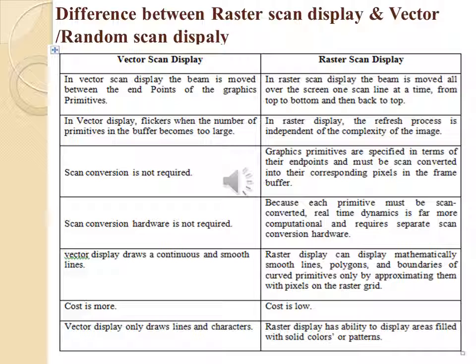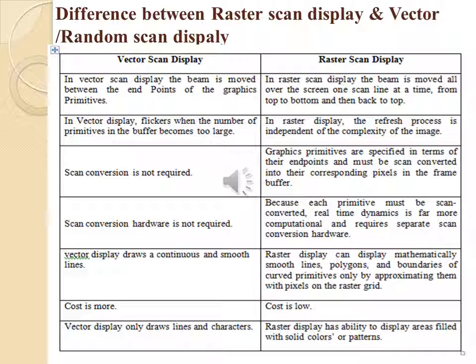The second difference: the vector display flickers when the number of primitives in the buffer becomes too large. In raster display, the refresh process is independent of the complexity of the image.